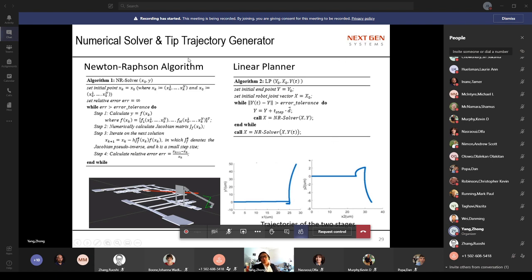After we have this nonlinear solver, we can develop the linear planner. The planner is for planning the trajectory of the tip. For example, if we want the tip to move in a zigzag trajectory, then the other two plots show the trajectory, which means the motion of those micro stages of the AFM.